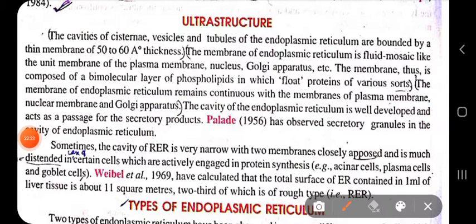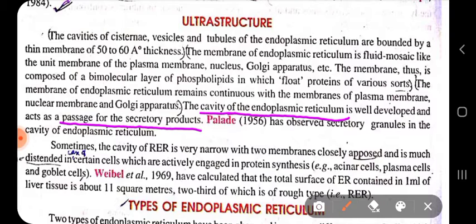Now, what is the importance of this empty region called the cavity, found inside the lumen of the endoplasmic reticulum? The cavity of the endoplasmic reticulum is destined for the passage of secretory products. It may be a secretory protein or some waste products which have to be eliminated from the cell. Generally, we speak here about the passage for secretory products, those products which are needed by other cells.